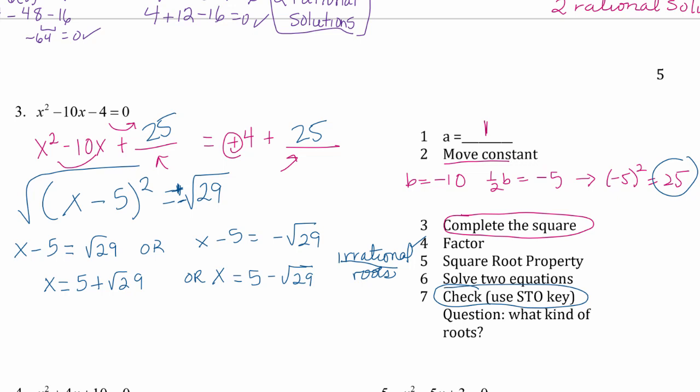So your two solutions are 5 plus root 29 and 5 minus square root of 29. These are exact answers. Your homework may want you to get both the exact answers, the exact roots, along with decimal approximations. So check your instructions. Okay, go to the next video.